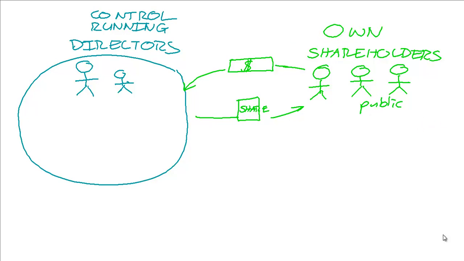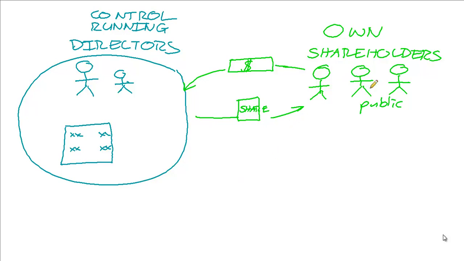Now, you can clearly see that these shareholders are not directly involved in running the affairs of the company. So the directors will be drawing up some financial statements, and they may be biased when they draw up these financial statements, just so that their work appears to be good and that they can be remunerated well.